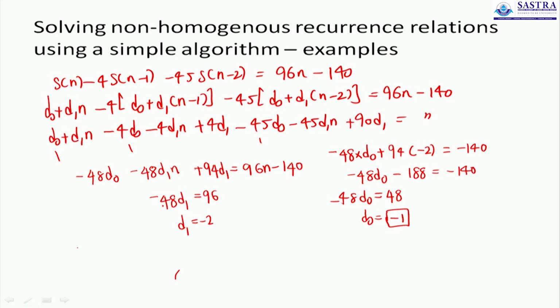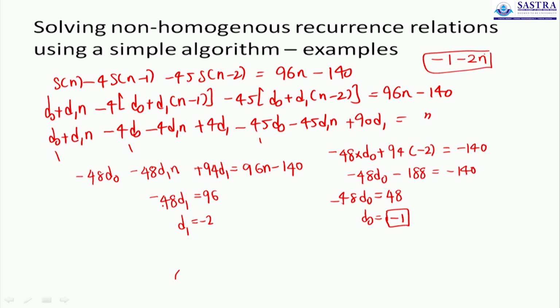So the polynomial we are looking for is d naught plus d1n. D naught is minus 1, d1 is minus 2, which means the polynomial here is minus 1 minus 2n.